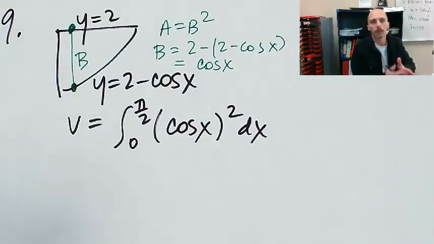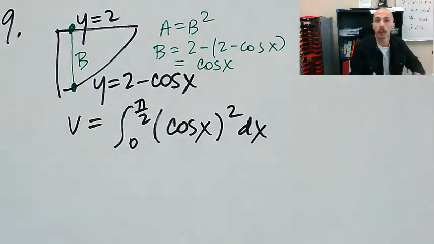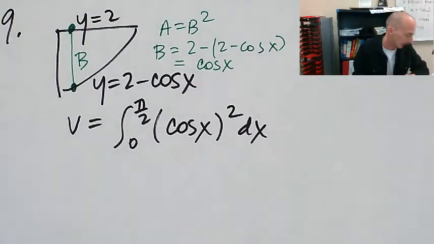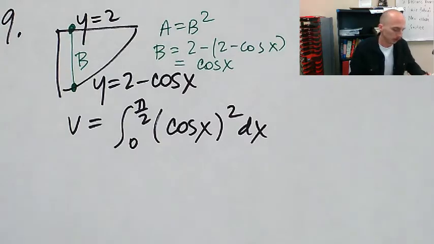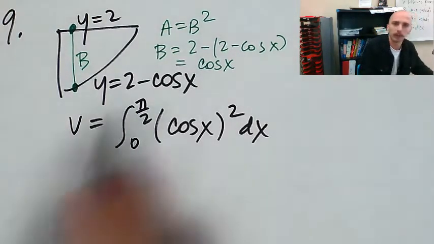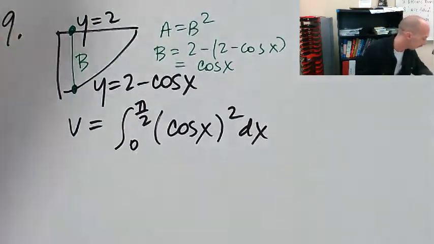That's not an antiderivative that we have to know in this class. If you are interested in anti-differentiating cosine squared x, I'd be happy to show you how to do it. You just have to hit it with a little trig identity, like a double angle formula or something, and then it makes it much easier. But this is far enough, and this is something you type in a calculator if you need to know the value.